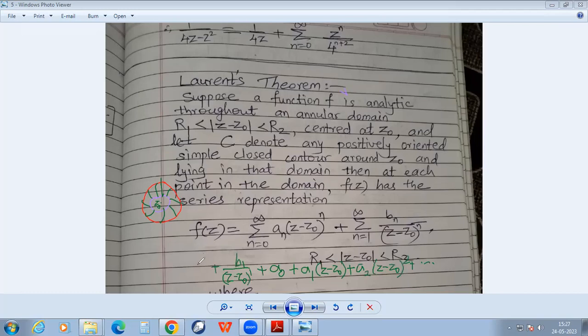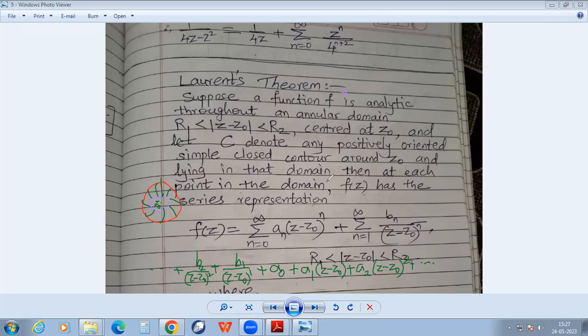If I put n equal to 2, this becomes b2 upon z minus z naught squared, and so on. This also continues to infinity. This is up to infinity, this is also up to infinity. So this kind of representation is given by Laurent. Followed the thing?